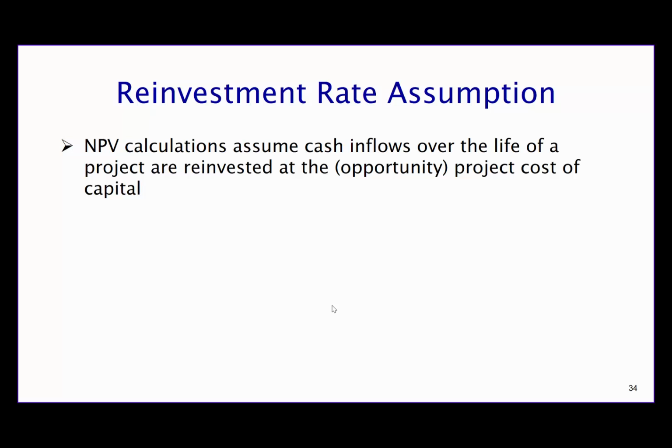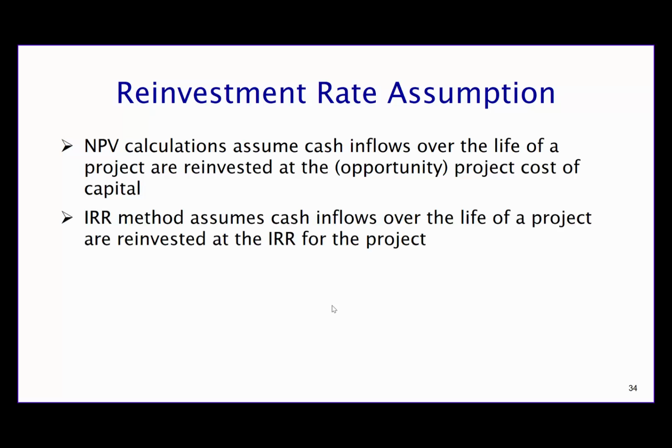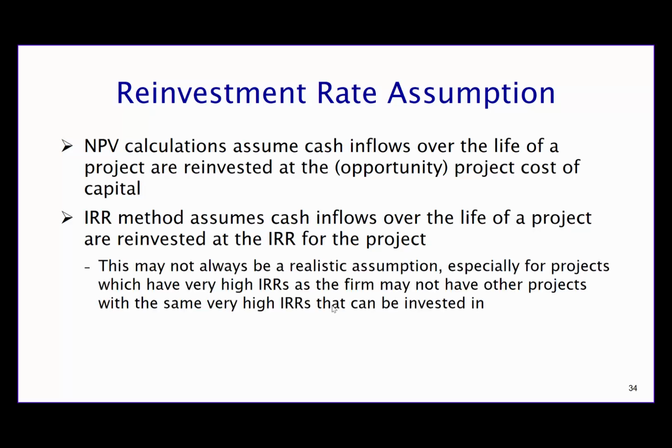It's assuming they're reinvested at that cost of capital. The IRR method assumes the cash inflows over the life of a project are reinvested at the IRR for the project. This may not be a very realistic assumption, especially for projects that have really high IRRs.